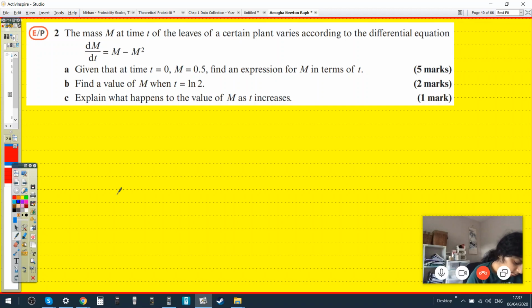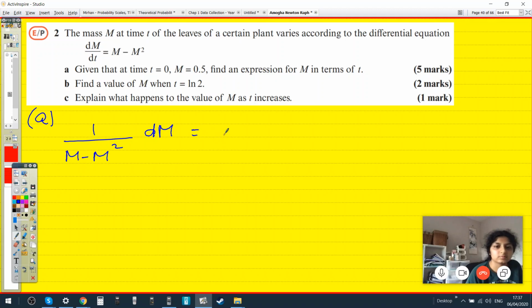For you to get that, you would have to do 1 over m minus... dm is equal to dt. Mm-hmm. To integrate that. Oh, wouldn't you have to do integration by parts?